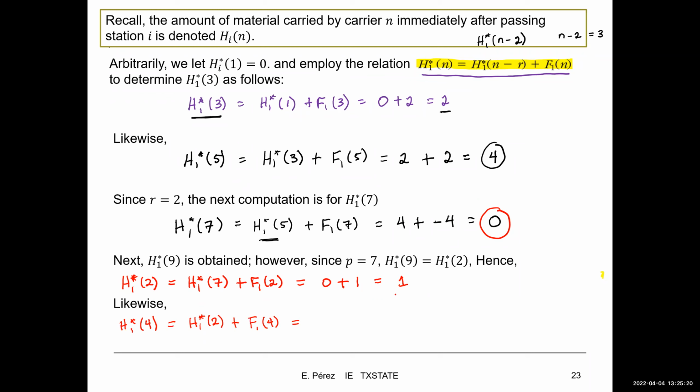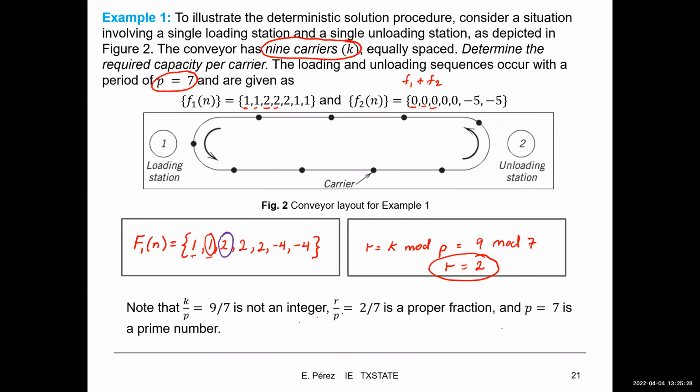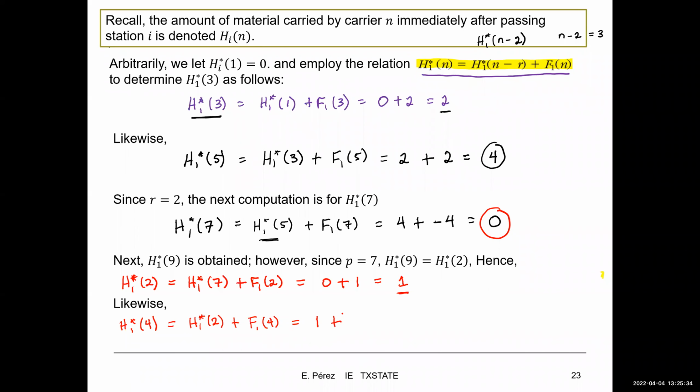So this will be 1 plus F of 4. Going back here, that will be 1, 2, 3, 4. So it's 2. So this equals 3. And then the last one, 4 plus 2 is 6. That's the last one. We have computed the rest.